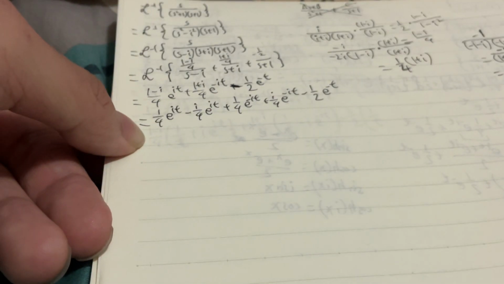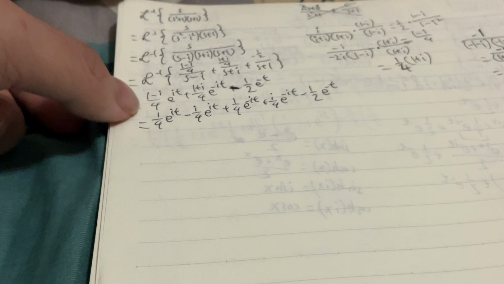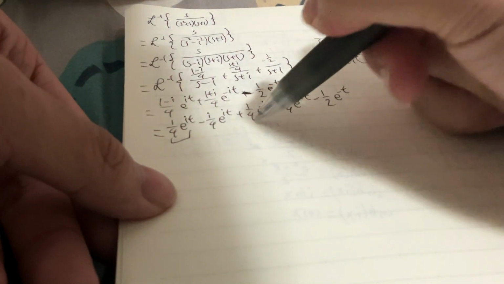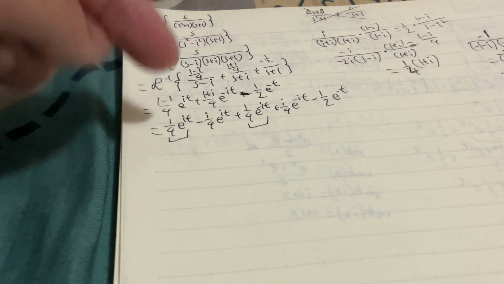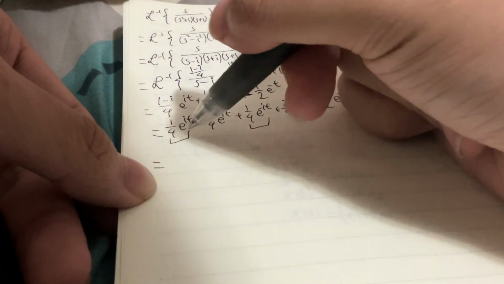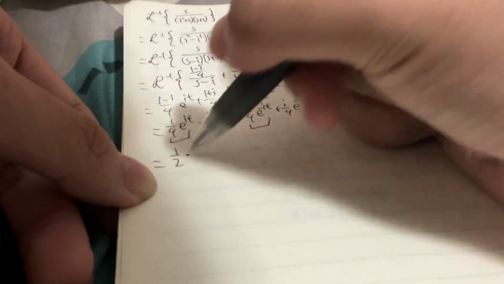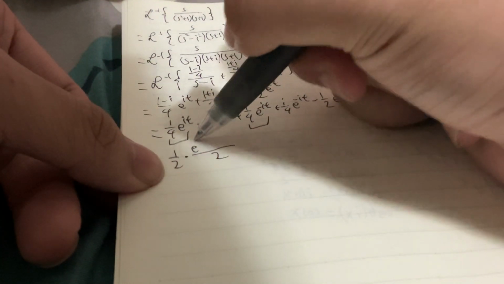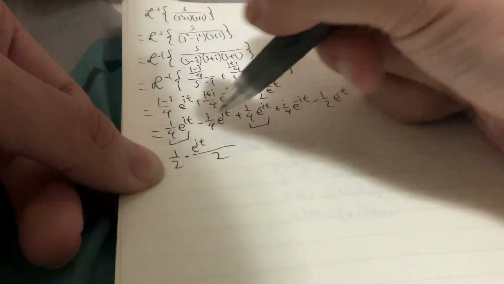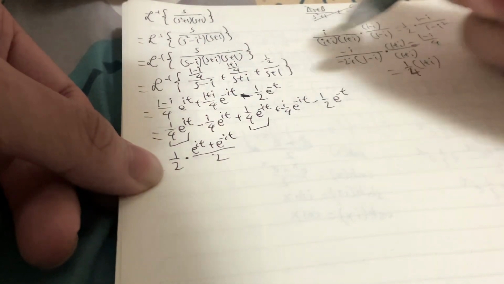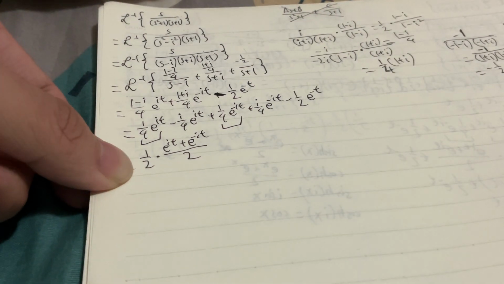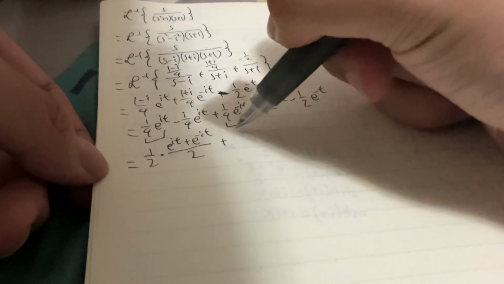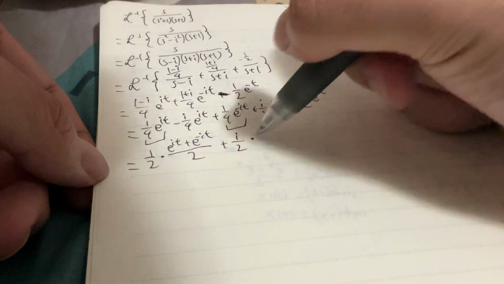And then I'm going to just combine the real part and the imaginary part. So the real part here is 1 over 4. And I'm going to write this 1 over 4 as 1 over 2 times 2, and then e to the it, and then here, which is plus e to the negative it. And then here, I'm going to put the i outside, which is plus i over 2 times 2.